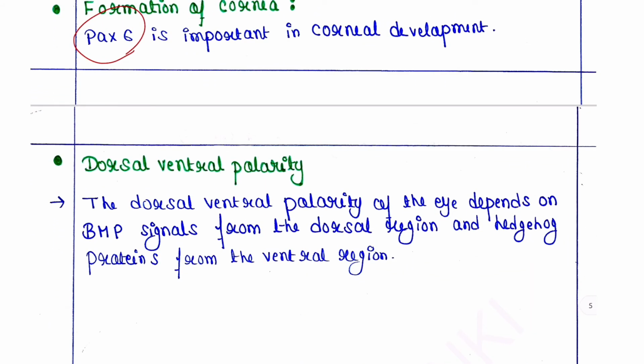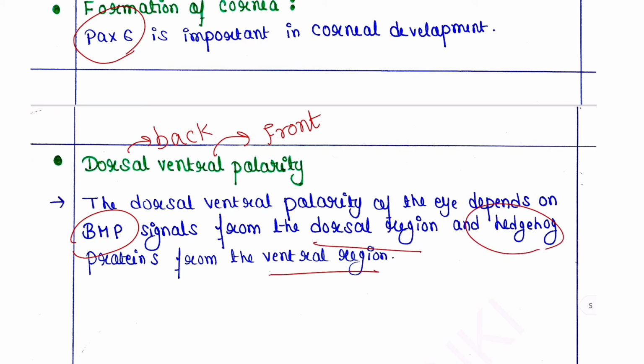Dorsal-ventral polarity. Dorsal means the back part and ventral means the front part. So the dorsal-ventral polarity of the eye will be established, depending on BMP signals from the dorsal region and Hedgehog protein from the ventral region.